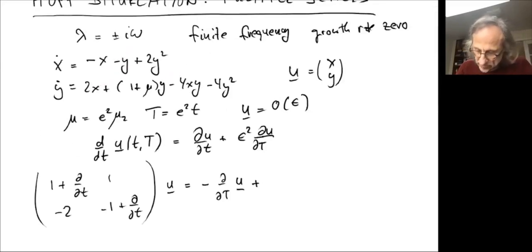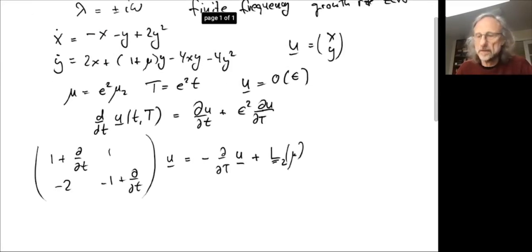So there will be an L2, which depends on mu, and that will also act on u.